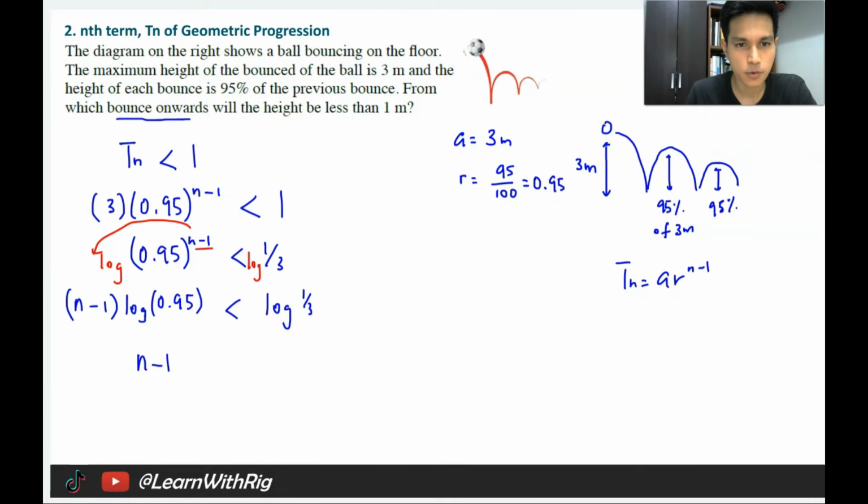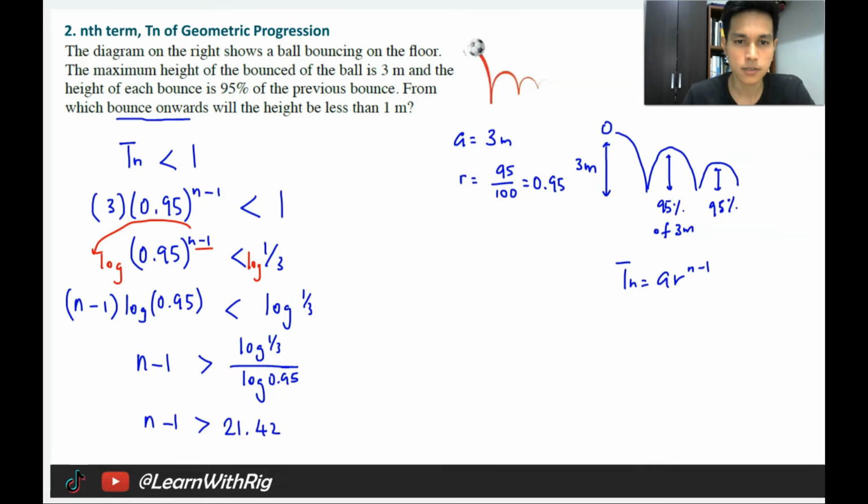So n minus 1 is more than log 1 over 3 divided by log 0.95. If you key into your calculator, remember it's a negative value, so if you bring it to the other side, you must change the direction of the sign. In this case, n minus 1 should be more than 21.42.